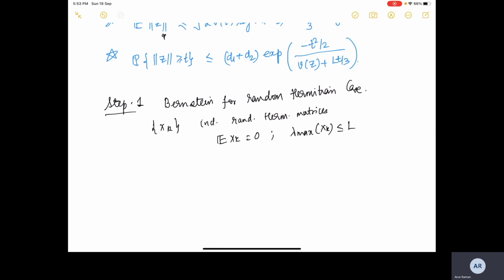Then for proving it, as we did in the Chernoff case, we invoke the matrix Bernstein CGF bound, which we just proved a while ago.